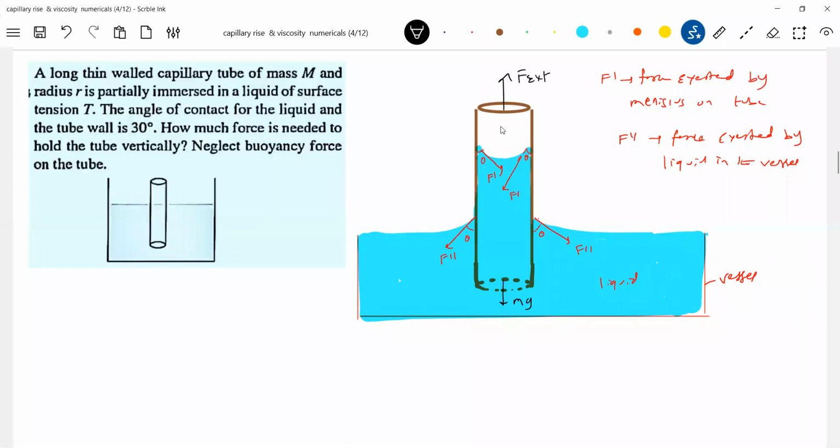I should apply an external force. So what is the radius of the capillary tube? Let it be r. Any simplification. So here I think the meniscus should be brought here. This should be theta. Capital R is the radius of the meniscus, small r is the radius of the capillary tube. So what is cos theta?